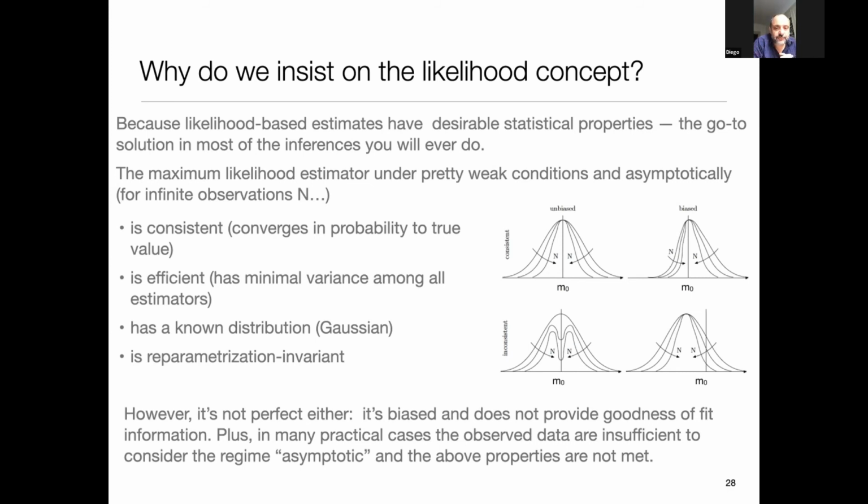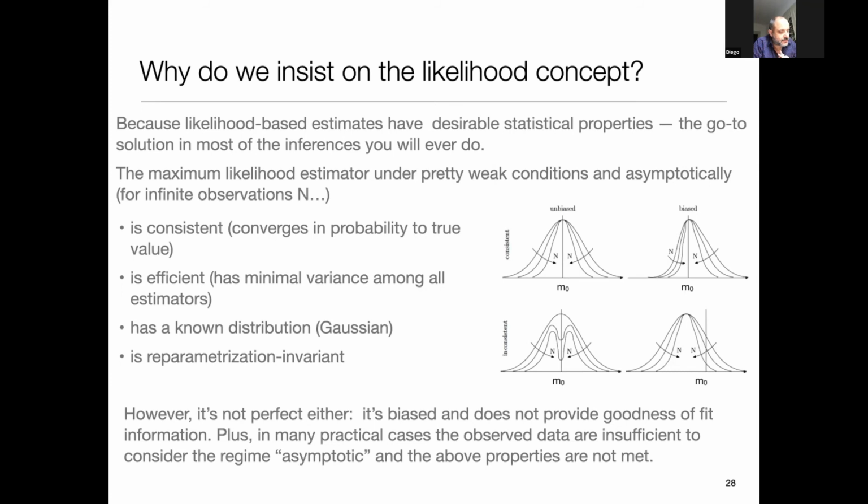I'm not going to write here the mathematical definition of convergence in probability. I just draw here little sketches that provide the concept, where you see that for increasing number of observations, the maximum likelihood distribution shrinks and converges to the true value m0 in this case. Another important property is that the maximum likelihood estimator is efficient, which is a technical way to say it's the most precise possible.